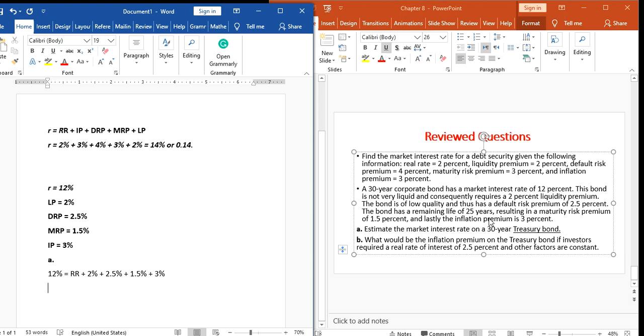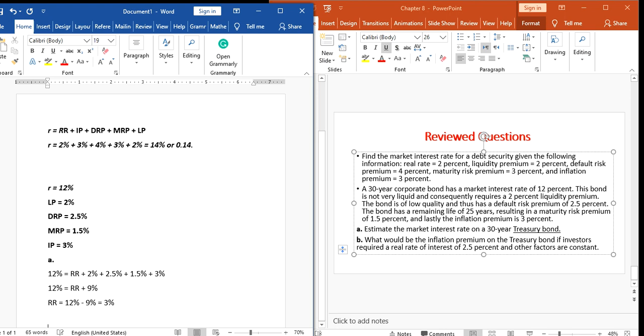So we have 12% equals RR plus 9%, and therefore RR equals 12% minus 9%, which equals 3%. That's the answer of part A.